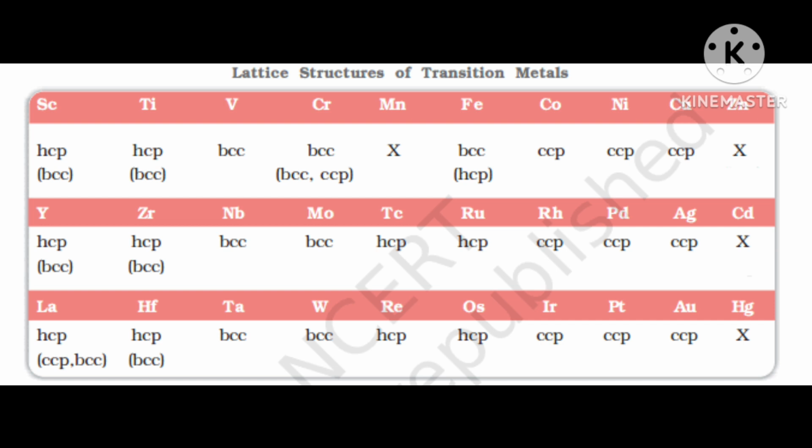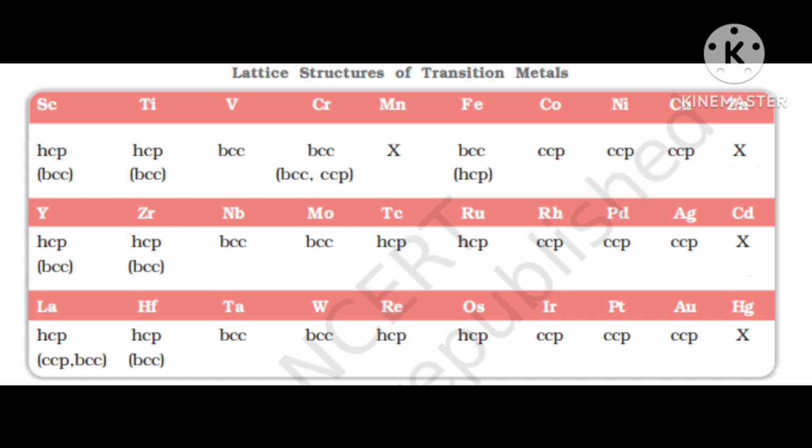This question is asked. In any row, the melting points of these metals rise to a maximum at d5, except for anomalous values of Mn and Tc, and fall regularly as the atomic number increases.